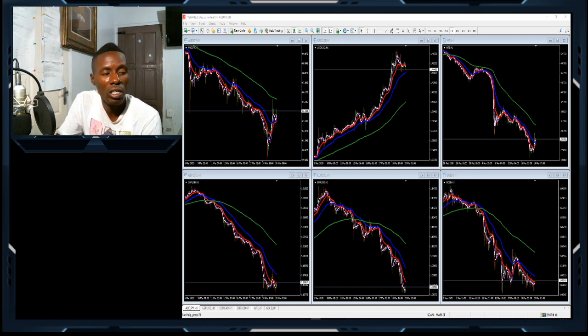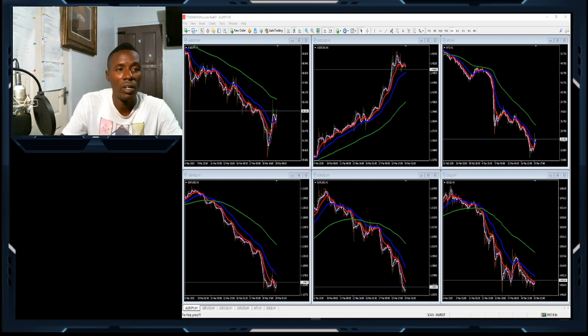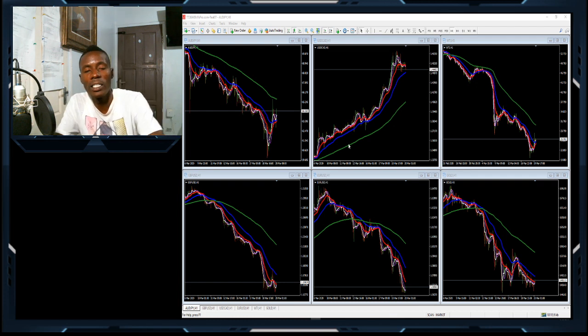I'm a currency trader, but I also trade oil, commodities, even stocks also, right? And right now, this is the basic layout where I scan the market.